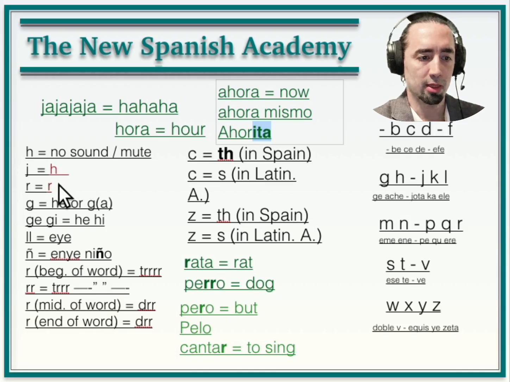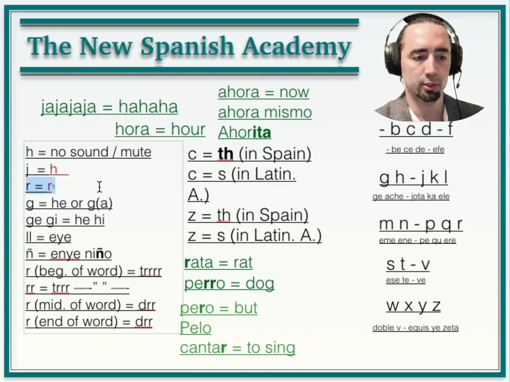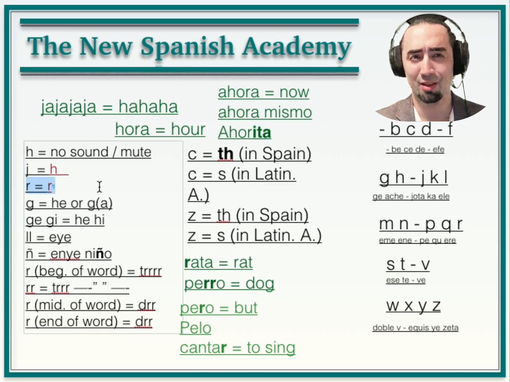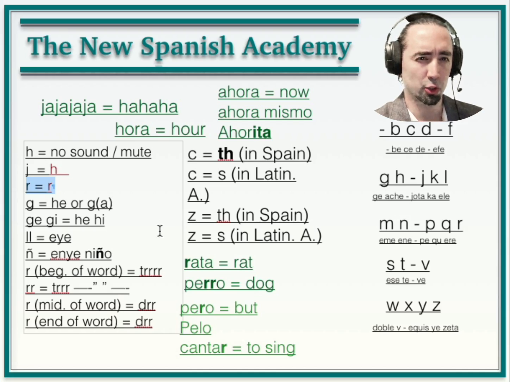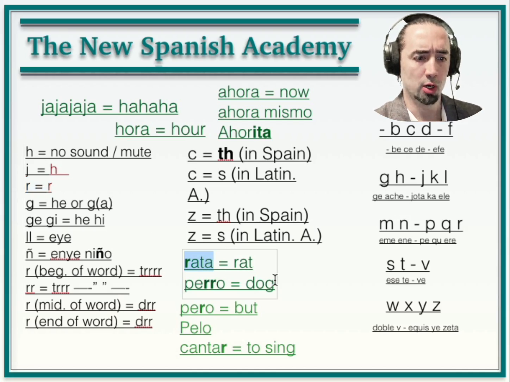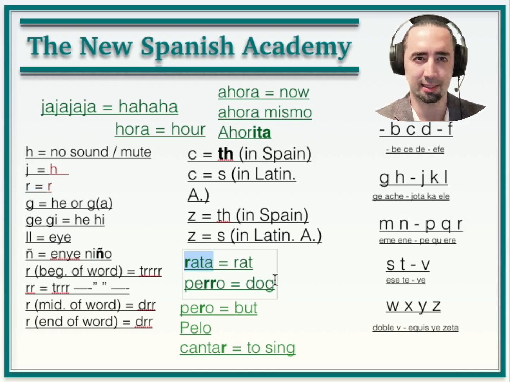Now let's look at the letter R, and this is very important. As I said before, there's a video in the extra materials where we go through more examples of the letter R, but now let's look at what I told you earlier. So, how do you say rat in Spanish? Rata.